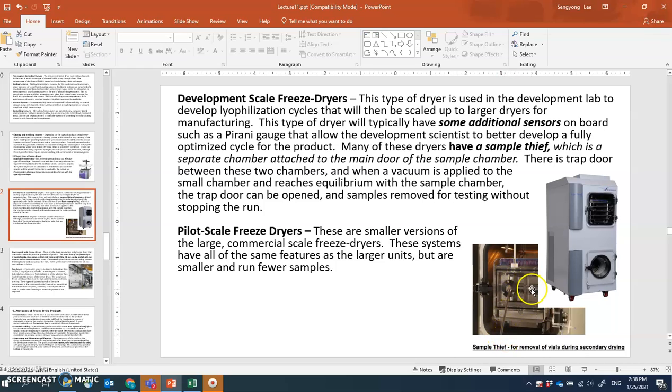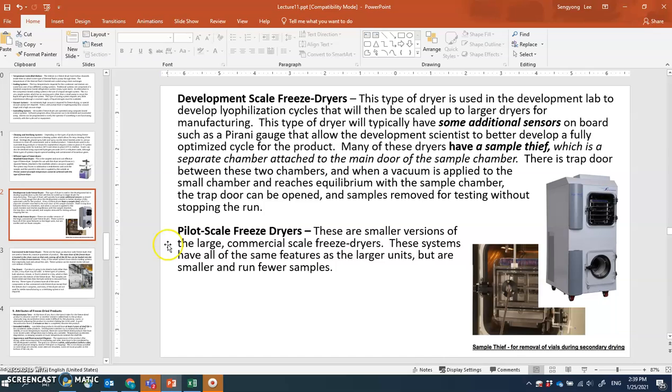If you want to take a look at it, without jeopardizing the entire freeze drying cycle, you can just grab one vial out and analyze the freeze drying condition. So that's what this sample thief would do. So that may be an important feature for your process development purpose.